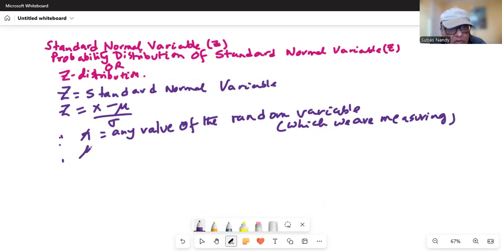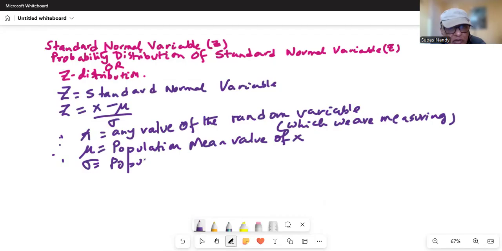And what is mu? Mu is the population mean value of x. And what is sigma? Sigma is the population standard deviation of x.